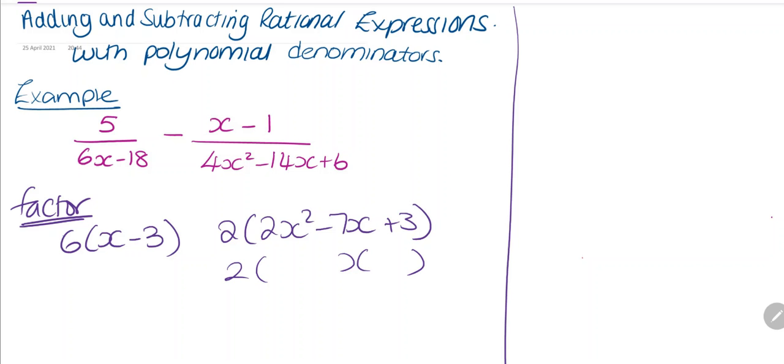Because we have 2 multiplied by plus 3, we just write 2 times 3. This is going to give us 6. So we want factors of 6 that add up to make minus 7. So minus 6 minus 1 is going to be minus 7.